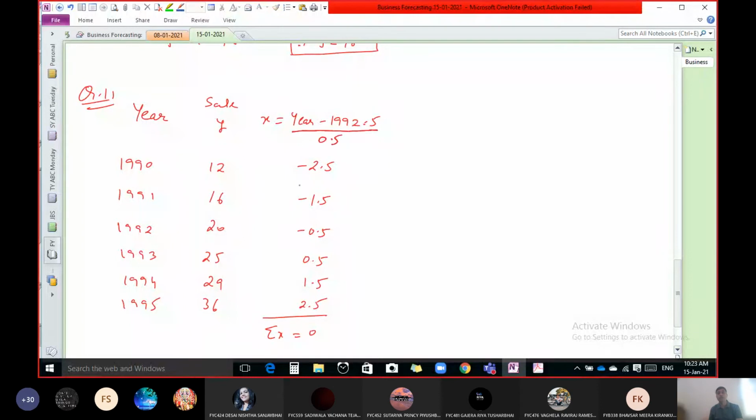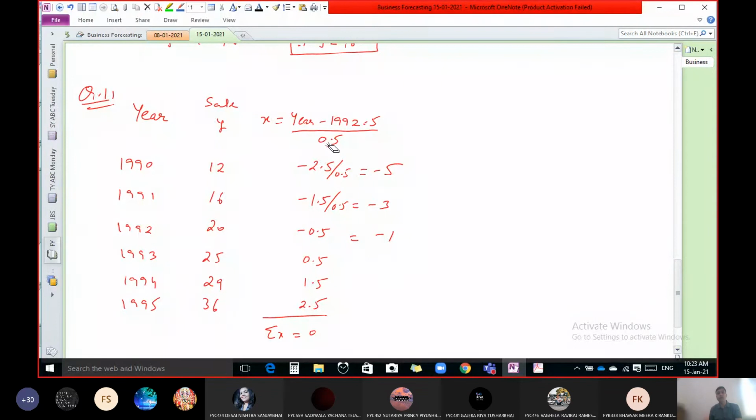So divide this by 0.5. So we get minus 5. Divide this by 0.5, we get minus 3, minus 1. See, all this thing is not required, but we want to convert the values of years into x in such a way that we get total of that 0 to reduce our calculation at a later stage. So better to divide by 0.5.